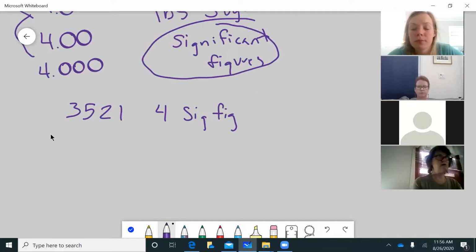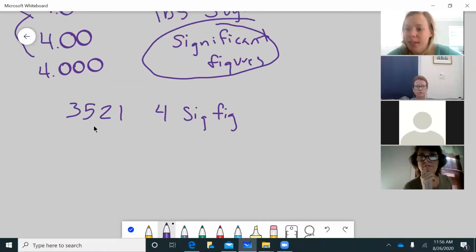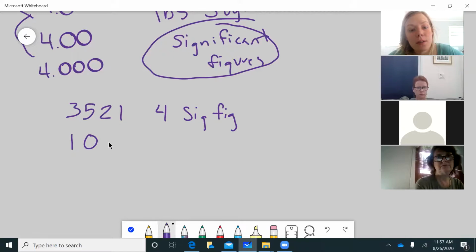Another rule is that, because it's easy when you have non-zero numbers, the zeros are what always give us trouble with significance. The zeros are what throw us off. If I write a number like 1, 0, 1, this number is significant and this number is significant. Any zero that's in between two significant numbers is also itself significant, representing some sort of precision.